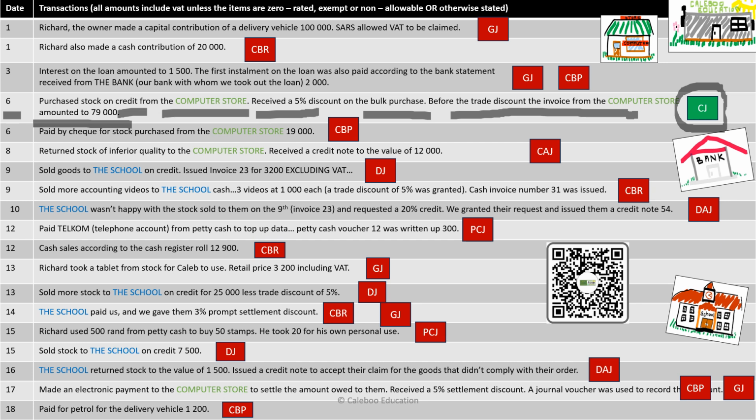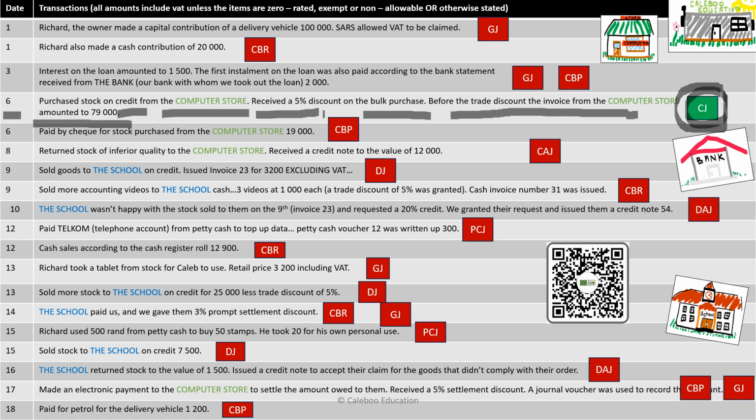So we've bought stock that we're going to sell, and the stock cost us $79,000. The stock includes VAT, but we haven't taken off the 5% trade discount. We're going to have to do that, and I will show you how to do that when we post this information to the Creditors Journal.